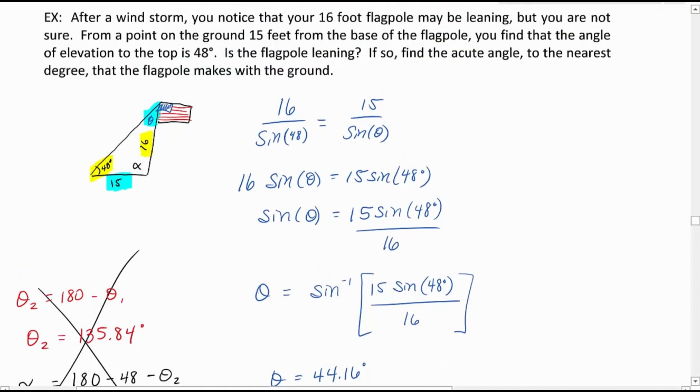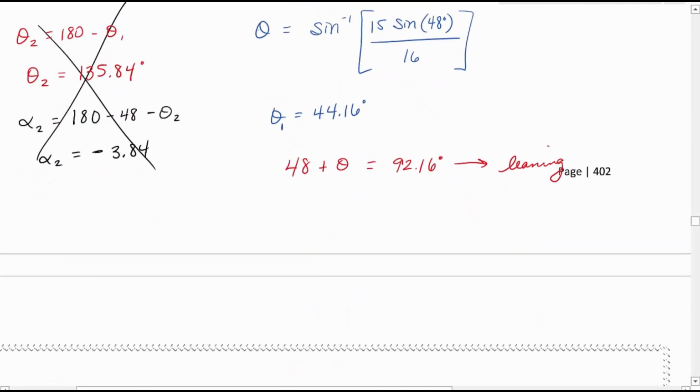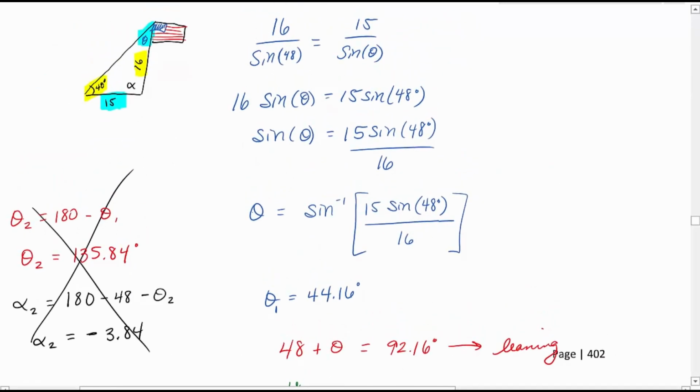And it asked, if so, find the acute angle to the nearest degree that the flagpole makes with the ground. Well, 92.16 is not acute. Remember that acute has to be less than 90 degrees. So to get that acute angle, we're going to subtract from 180 degrees.